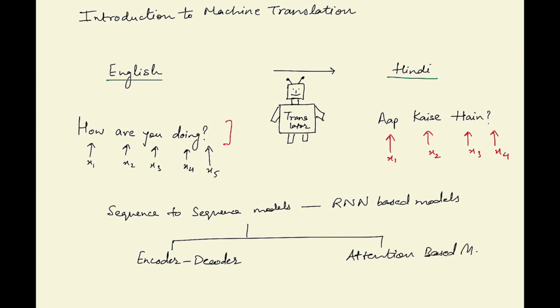I would say that attention is a generalized case, and encoder decoder can be considered as a special case of attention based models. So let's look into the architecture details of encoder decoder and attention based models for machine translation.